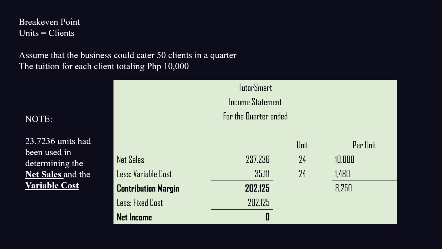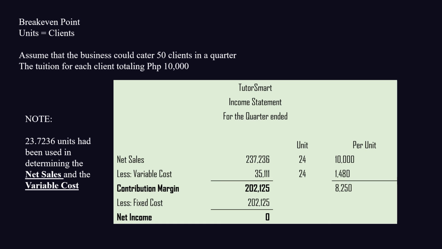To check the computation of the break-even point of 24 units, or in this case clients, we computed our net income to 0. Since it is 0, 24 units or clients is then the break-even point that determines at what amount of clients we will be making profit.